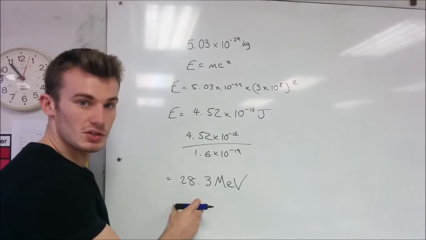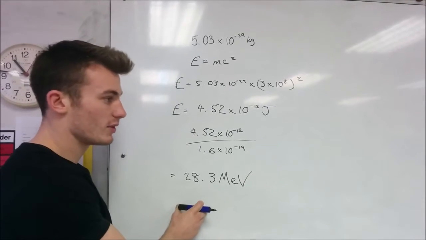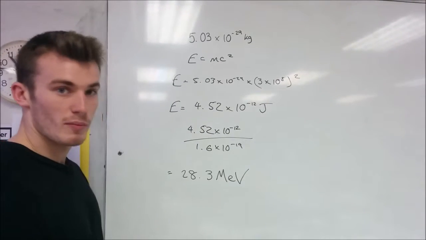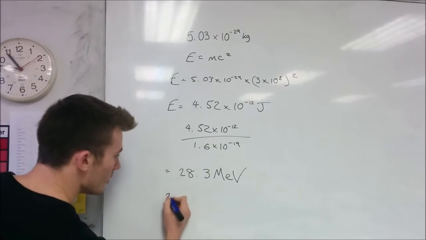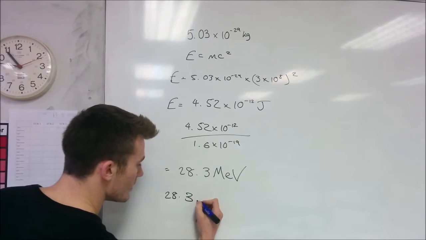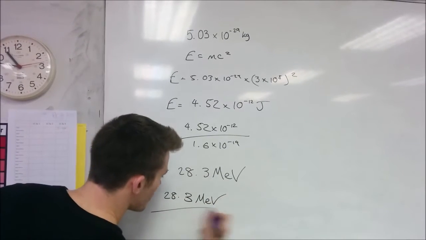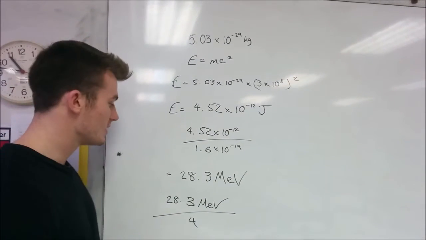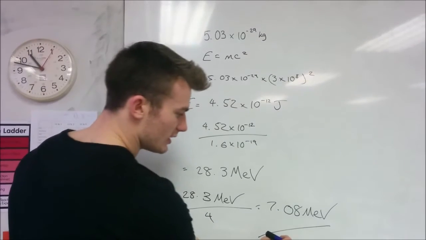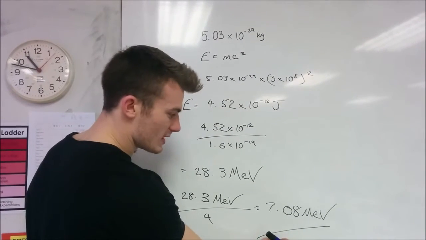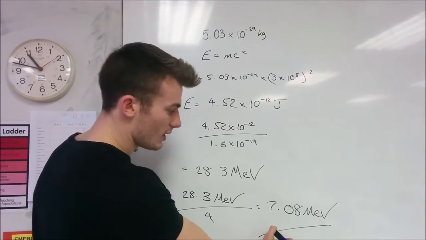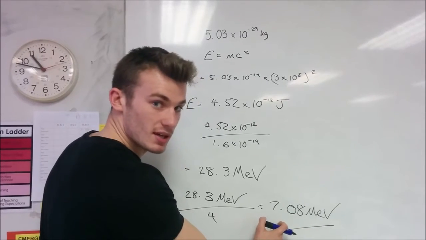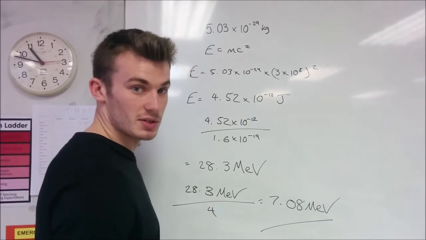That represents the total binding energy of the nucleus. Now there's just one more stage to go, where we divide the total by the number of nucleons to get the binding energy per nucleon. This is a really important number as it represents the binding energy per nucleon, and this determines how stable the nucleus is going to be.